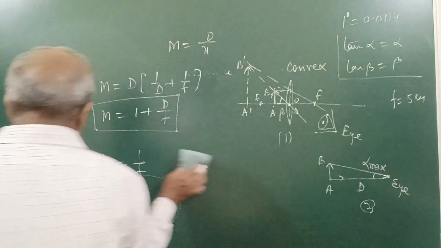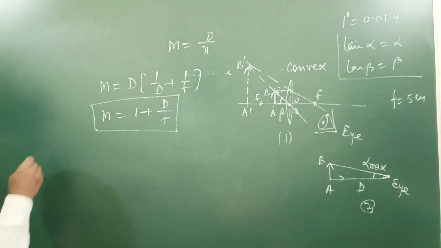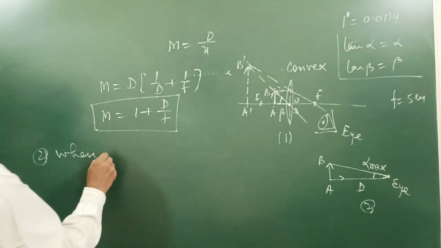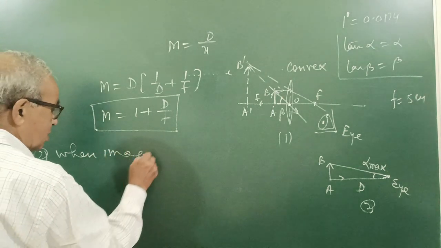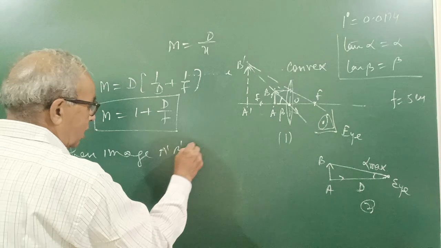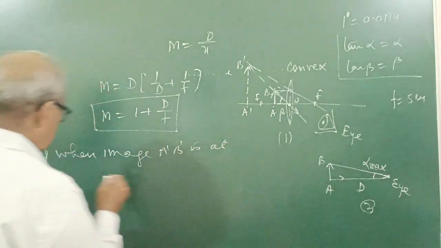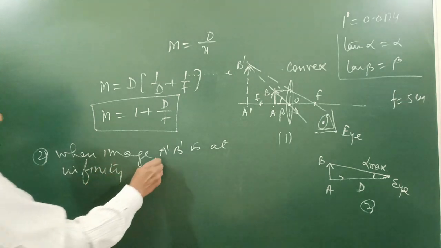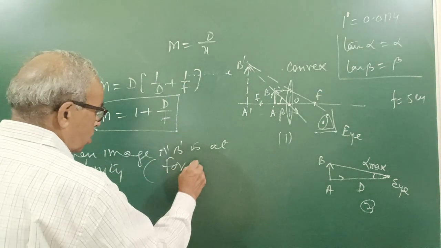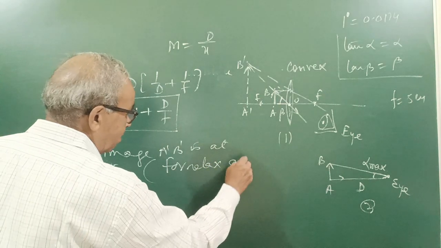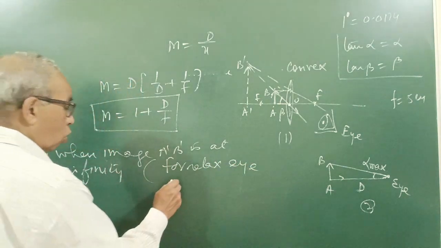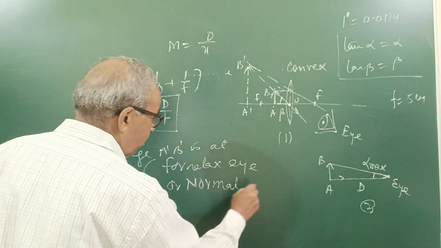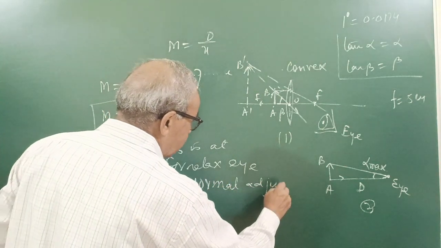Now, case number 2, when image A dash B dash is at infinity, for a relaxed eye, which is called normal adjustment. This is also called normal adjustment.